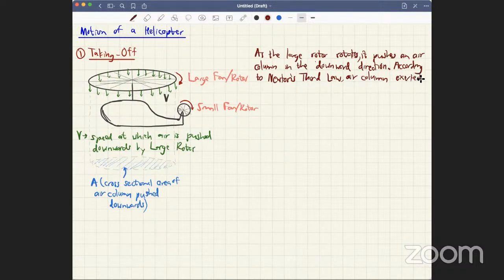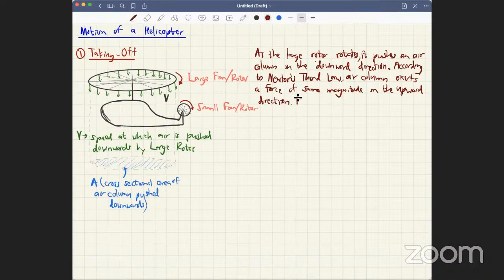exerts a force, force of equal magnitude, force of same magnitude in the upward direction. What do you call this force? Anybody? What do you call this force?